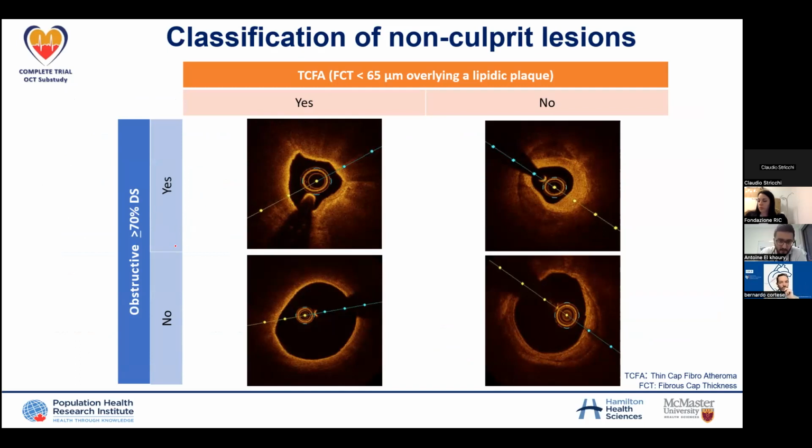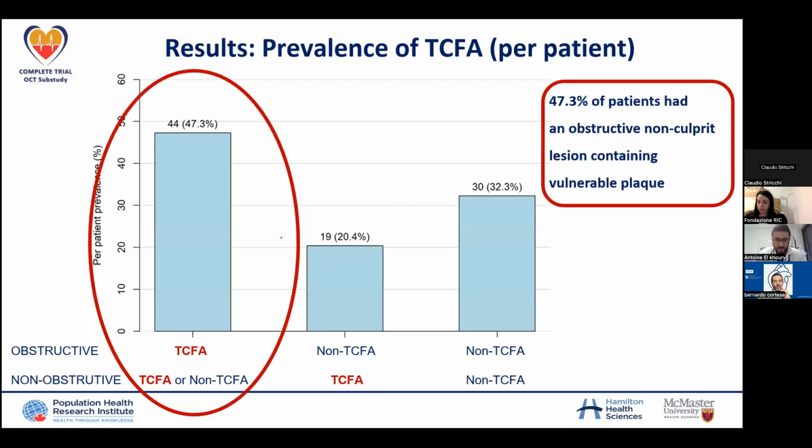They also divided patients with obstructive plaques and without obstructive plaques. Here the diameter is lower, and here on the lower part it's not obstructive. And they found that 47.3% of patients in this complete trial had obstructive non-culprit lesions containing vulnerable plaques.